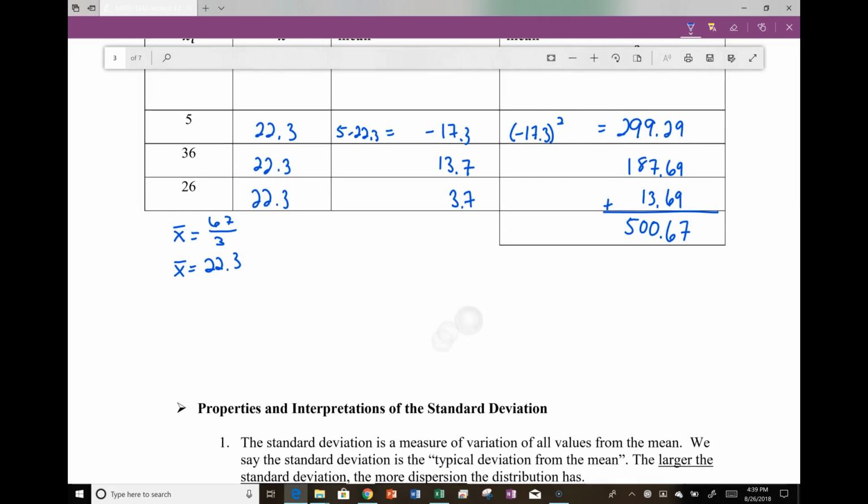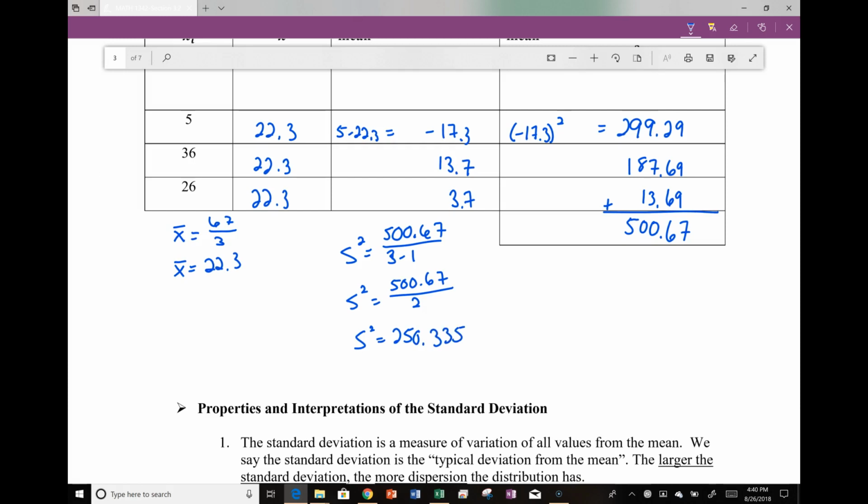Recall that my variance, s squared, takes this sum and I divide it by n minus 1. I have three numbers, so I'm going to subtract 1. So I actually end up with 500.67 divided by 2. So my variance is going to be 250.335.